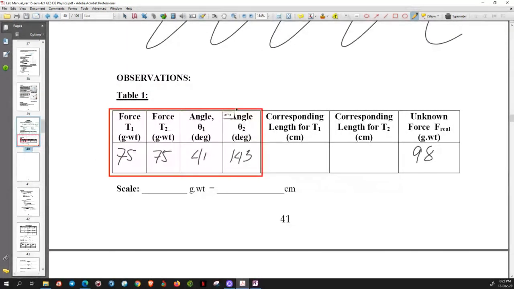You are finished with the mathematical. Now it's time to go to the graphing, okay? We always use the best scale 10:1. For every 10 gram, you get 1 centi. That means 75 divided by 10, 7.5 centi, okay? 7.5 centi.